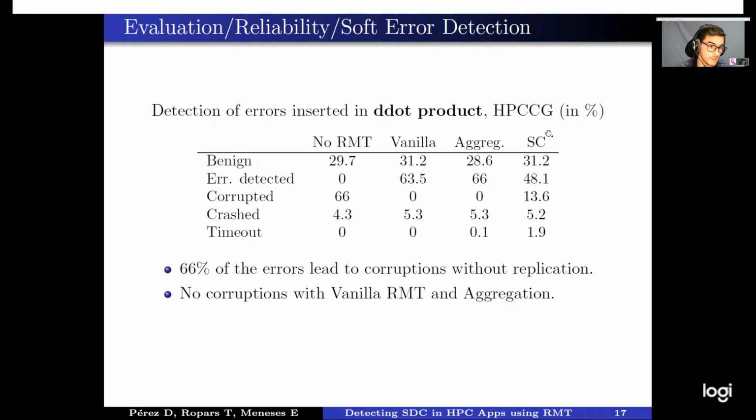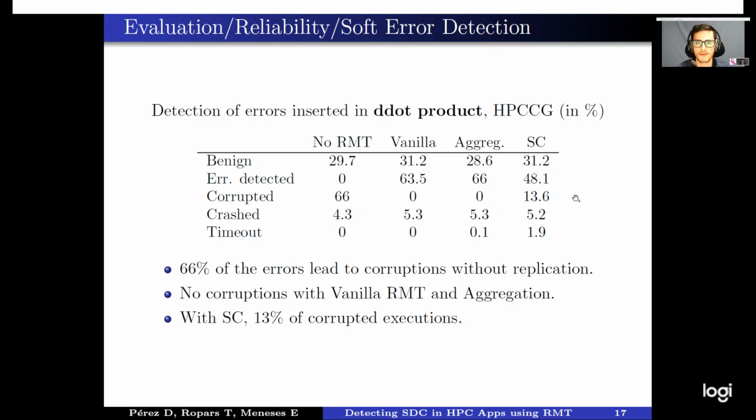But if we take a look at the selective checking optimization, we see that there is some percentage of corruption. So there is less detection, of course, and there is a bit of corruption. This exemplifies the trade-off between having the best performance overhead, but less reliability regarding detecting errors.